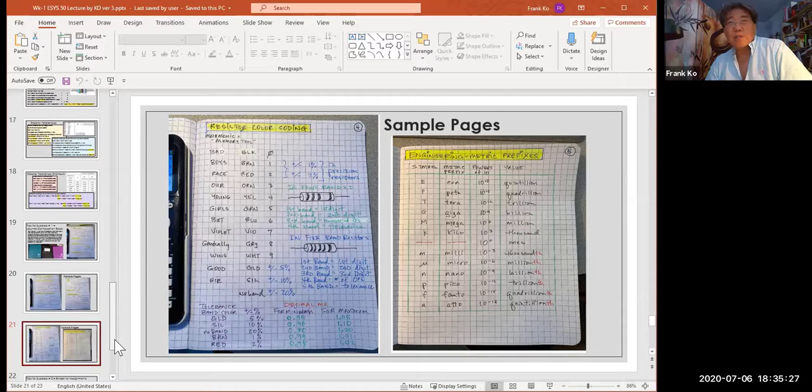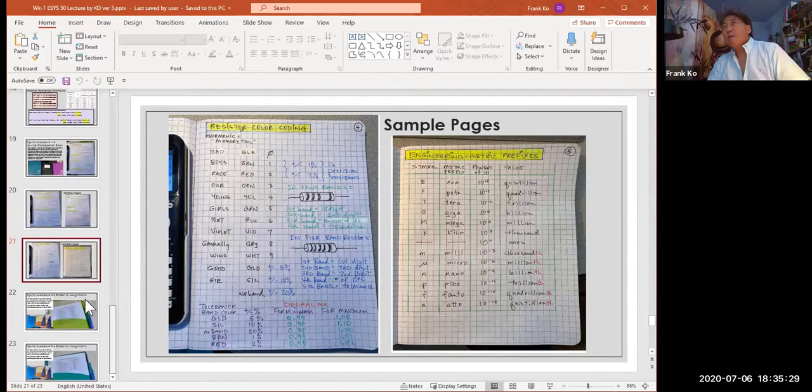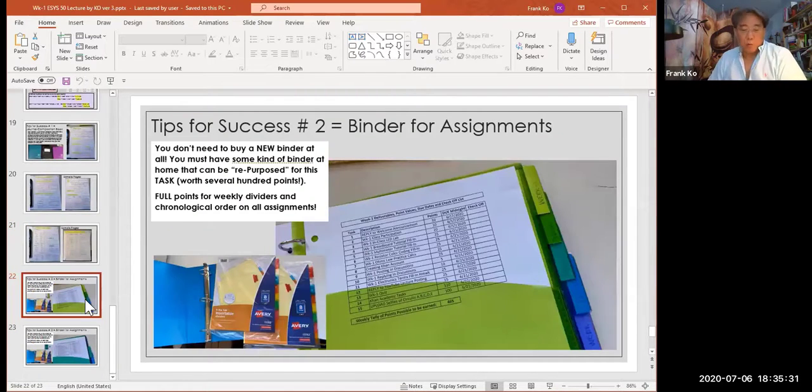What is worth points is your binder. Your binder is a repository of your work. It just goes to show me that you can organize your material in a logical, chronological fashion, and that everything is neat and orderly. So you don't have to buy a new binder. You can repurpose a binder. Here's an example of a binder.